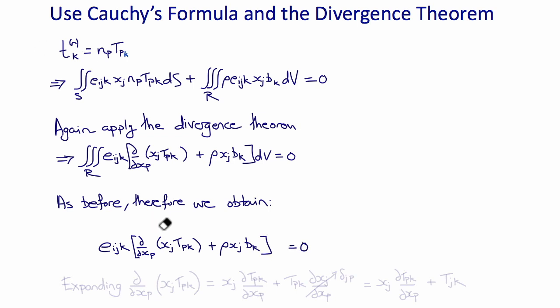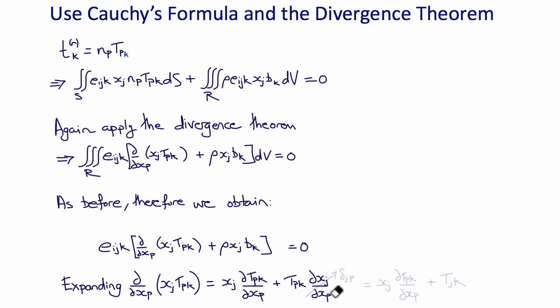Now, if we expand this derivative here, del xp of xj times tpk, we get xj times del tpk del xp plus tpk times del xj del xp.